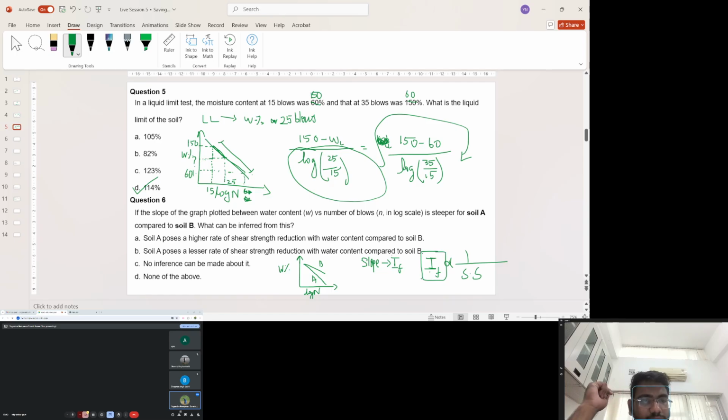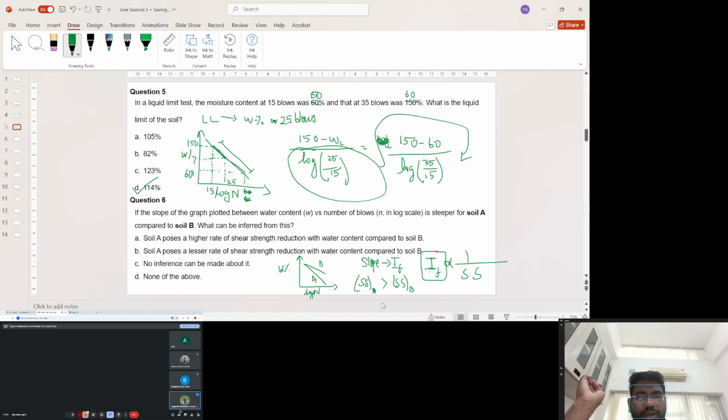If the slope is more, flow index is more, and therefore shear strength will be less compared to soil B. So shear strength of A is less than shear strength of B, right?